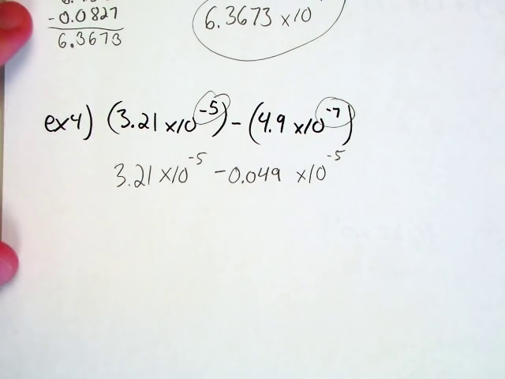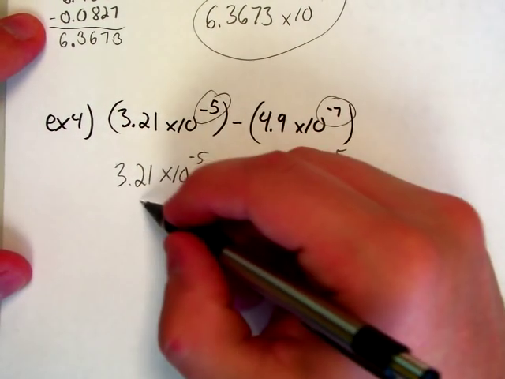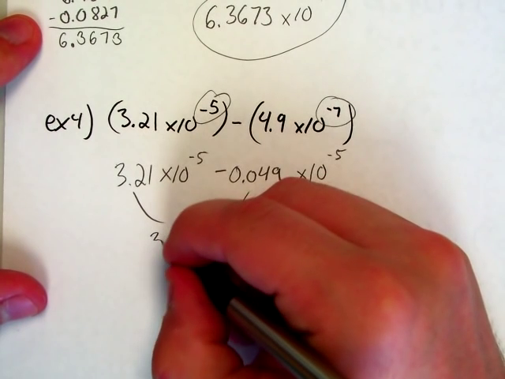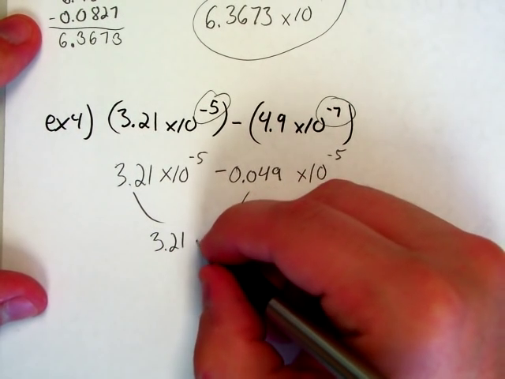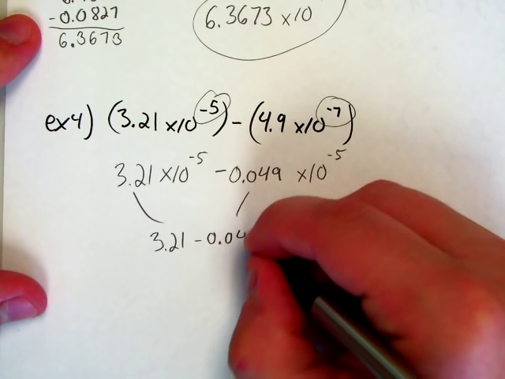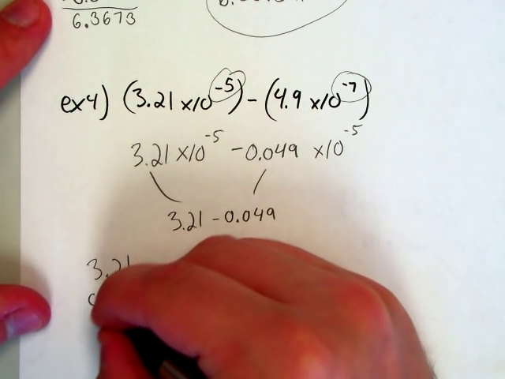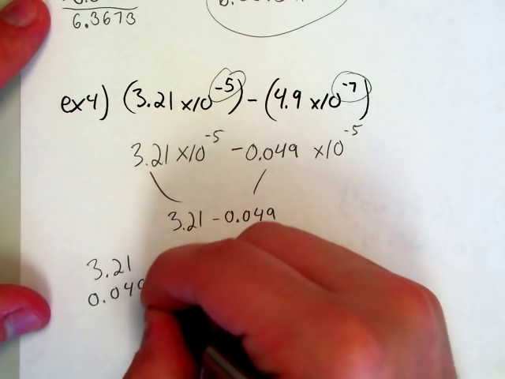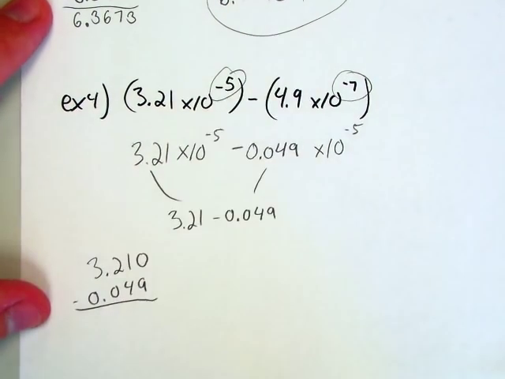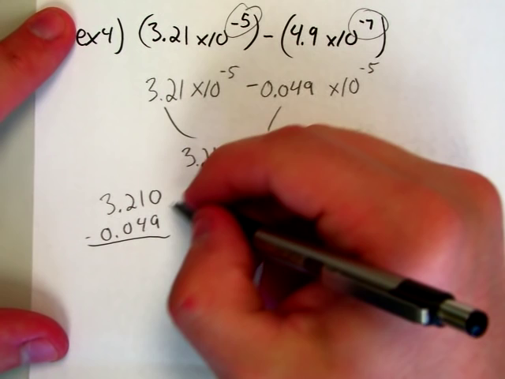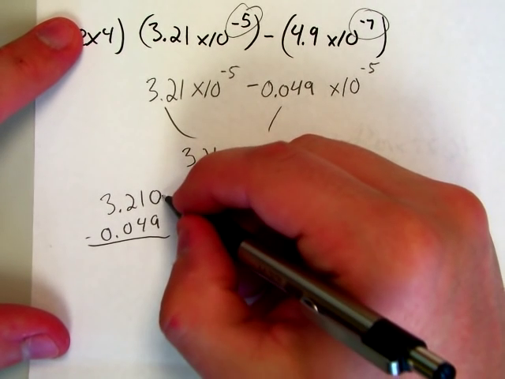So 0.049 times 10 to the negative 5th. Same process again. 3.21 minus 0.049. So remember, as I subtract decimals, I need to line up the decimals and fill in any missing spaces with 0.